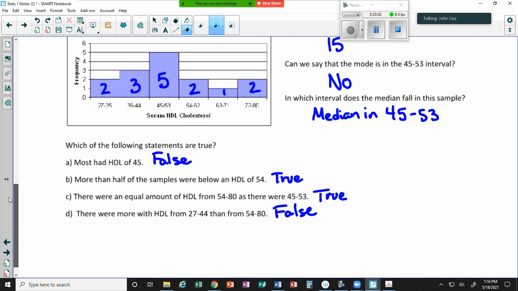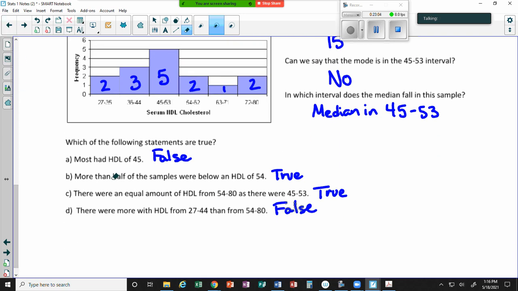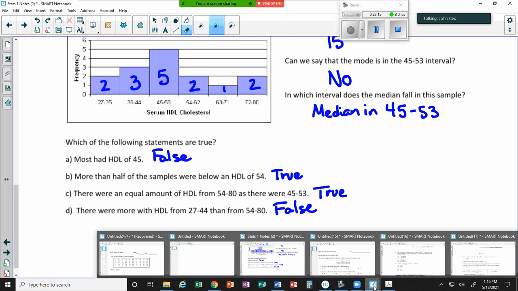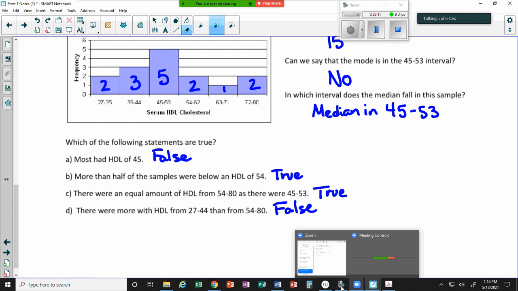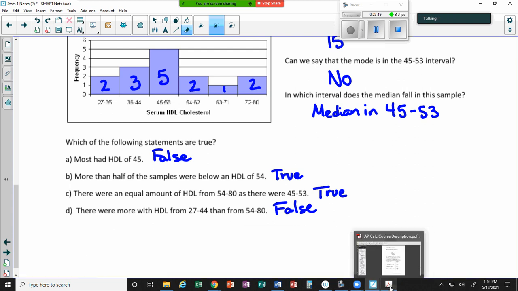Alright, so let's look at some examples in the practice. We'll do another box and whisker first, then we'll go back and look at a histogram like we did last week.